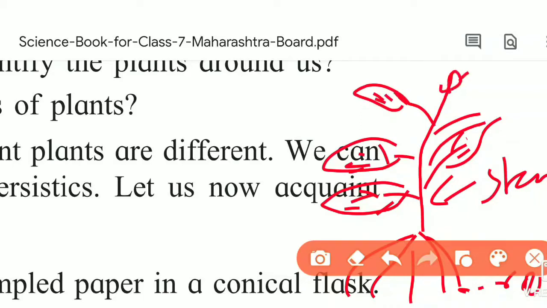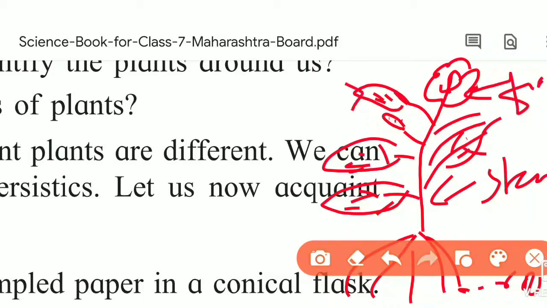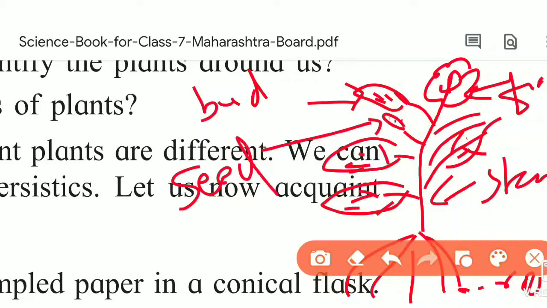And it has a flower, and some plants have seeds too. So these are the parts of a plant. This is a flower, this is a bud, this is a seed. These are leaves, these are roots, and this part is called the stem. So these are the parts of a plant.